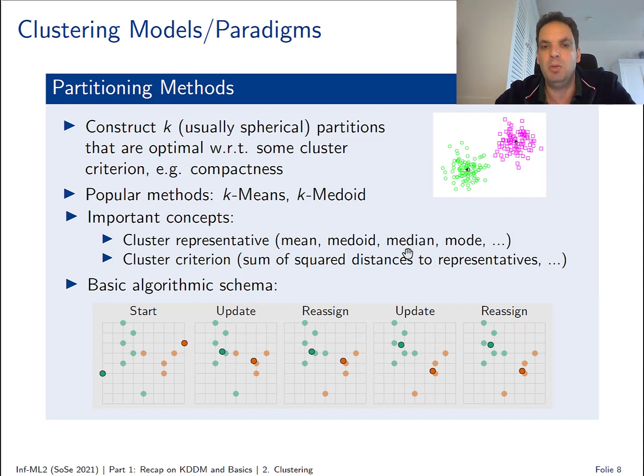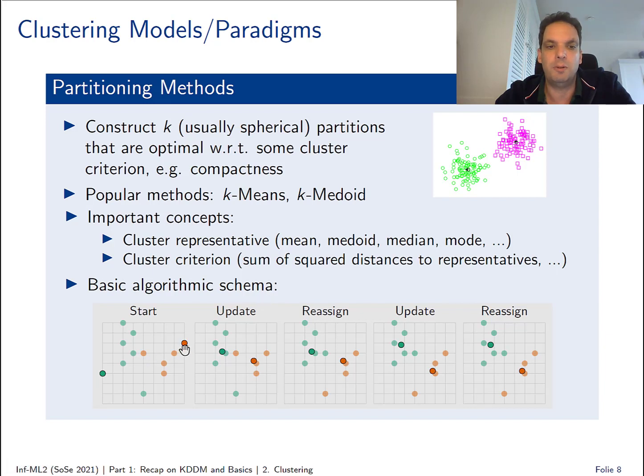Mean, medoid, median, mode for categorical data, and so on. You can think of any variant here. And we need, of course, a cluster criterion, for example, compactness, like the sum of the squared distances to the representatives. And you probably know the basic algorithmic schema. If not, then just look up the details a little bit more in the textbook.